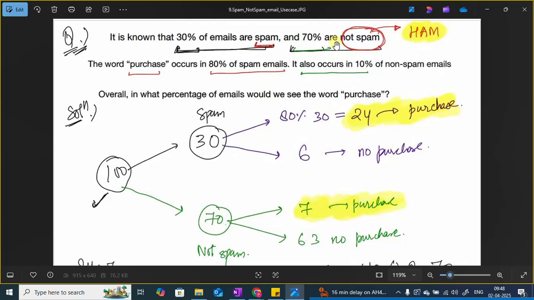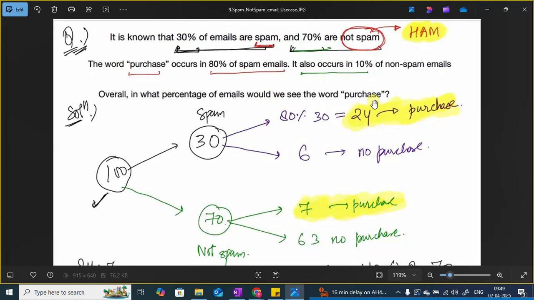Not spam means ham, it's good mail. The word purchase occurs in 80% of the spam emails. It also occurs in 10% of the not spam emails. Now try to find out, overall, in what percentage of the emails would we see the word purchase.